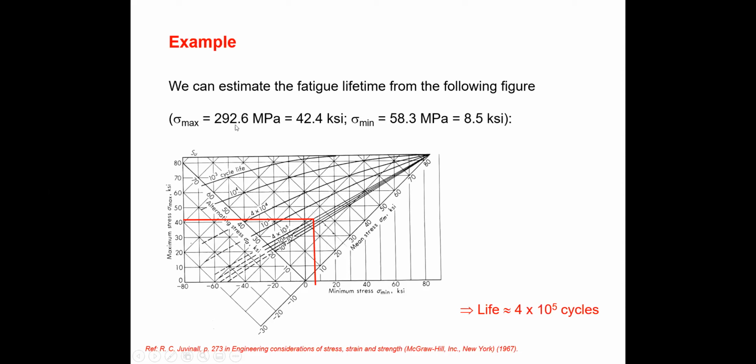Then you need to convert megapascal to KSI, then find the sigma maximum and minimum around the stress raiser area. Local area, the maximum value is very high. So you need to find the maximum and minimum values in the stress raiser area in KSI. Then use those coordinates. So this is 42.4, and this is the minimum value, 8.5.